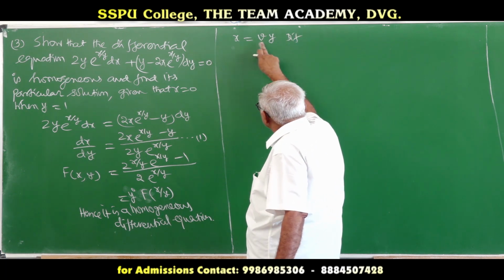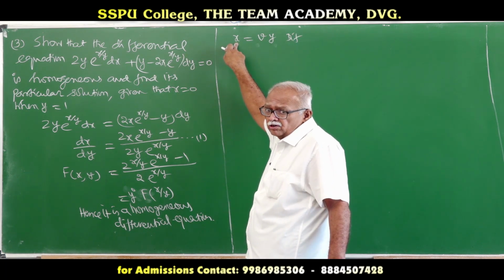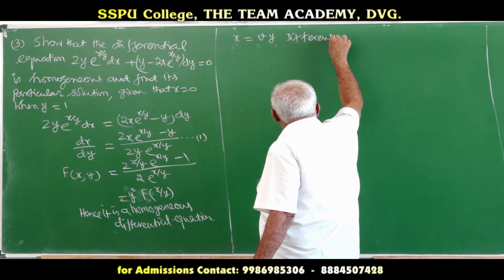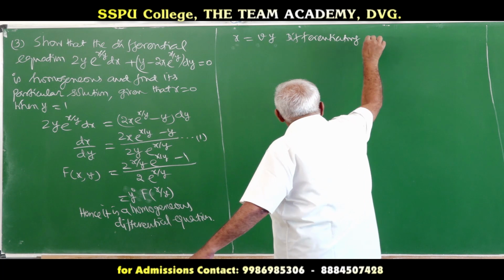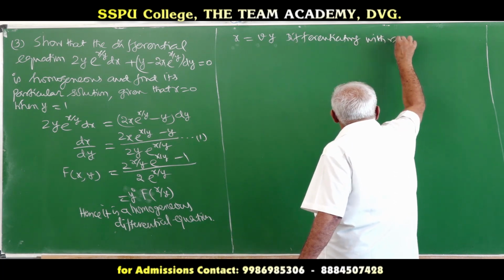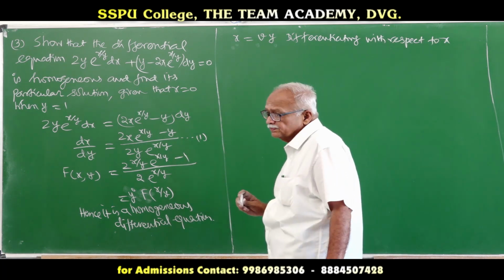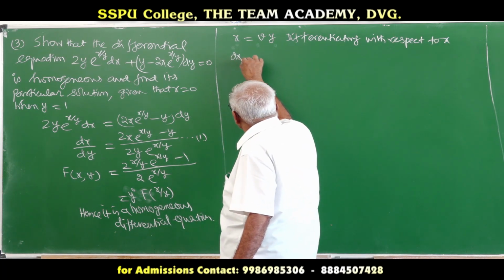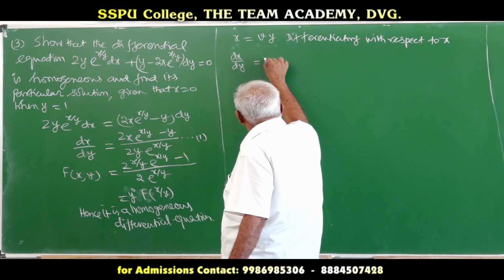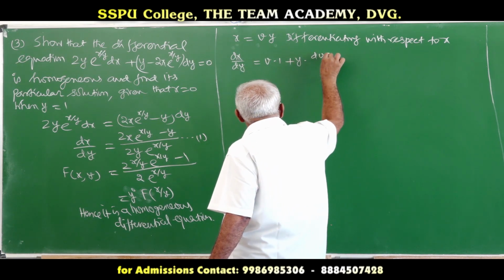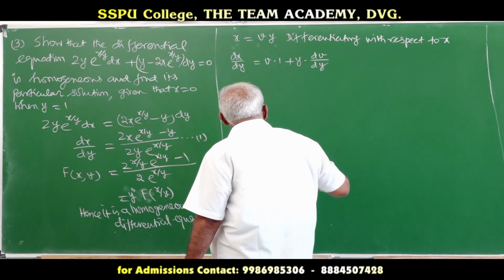Differentiating with respect to y, we get dx by dy equals v into 1 plus y into dv by dy.